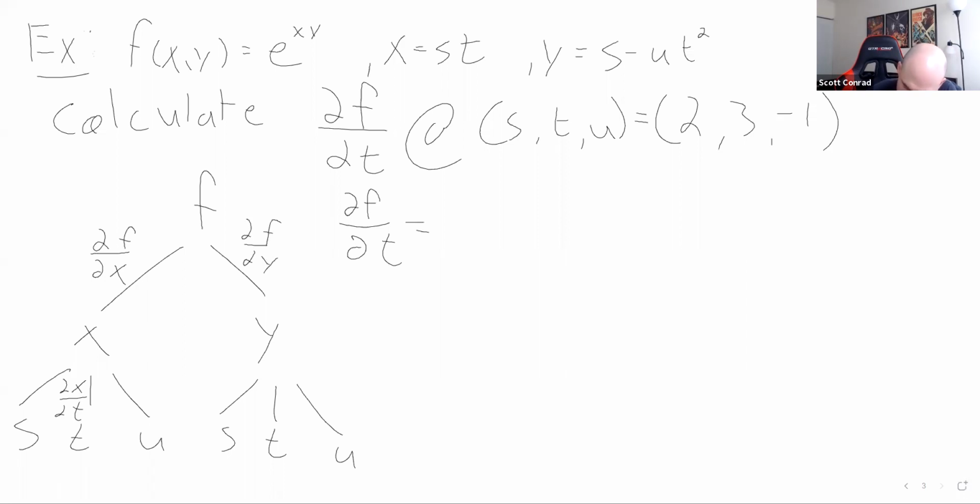And from y to t, we have our dy dt. So multiply down the path: df dx times dx dt. And then add the other path, df dy times dy dt.